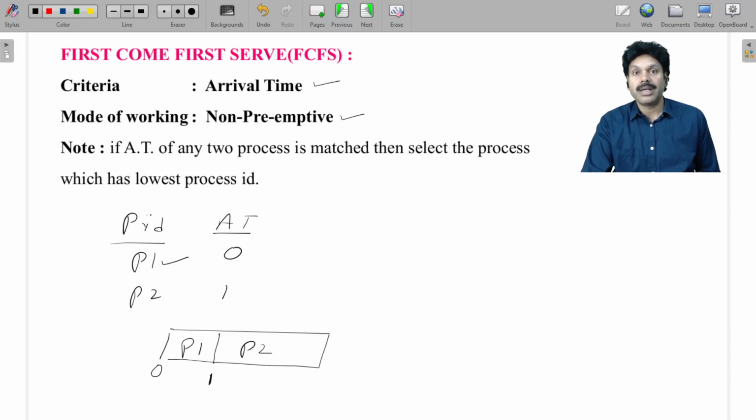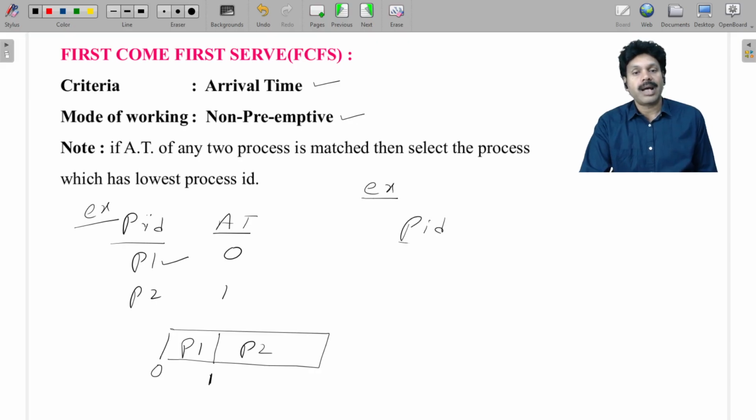That's how the ready state schedules them in a nice manner based upon arrival time. So arrival time is mandatory so that you can easily schedule the process from ready state to run state.